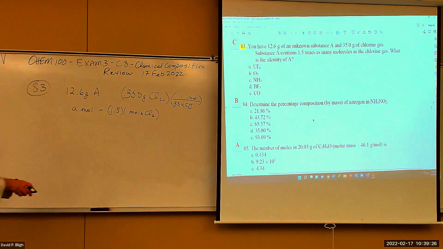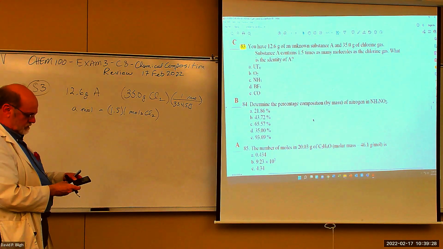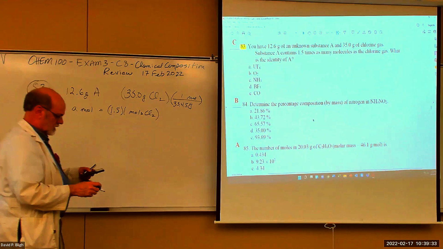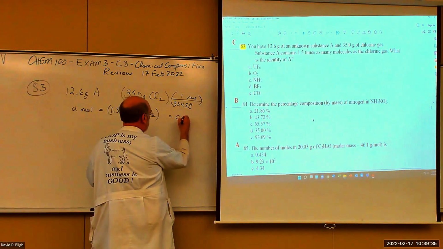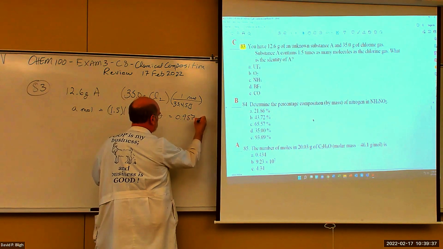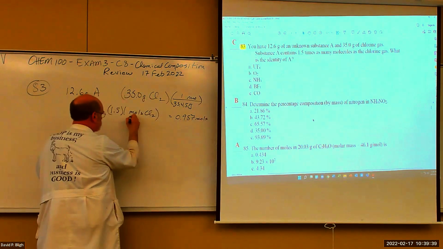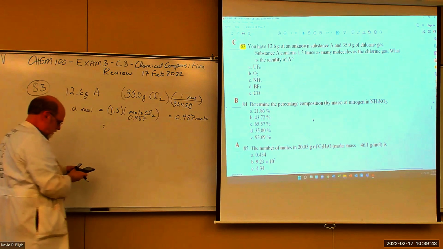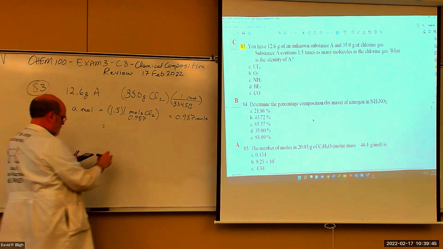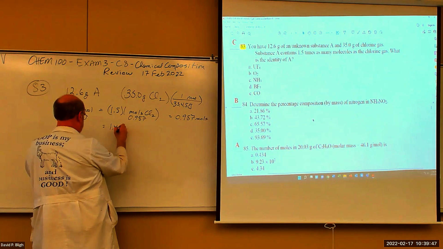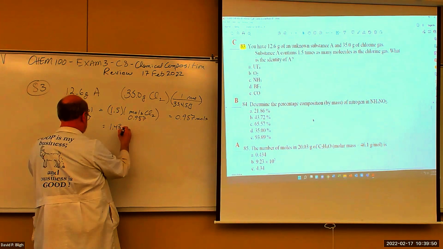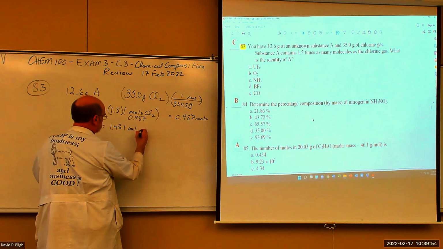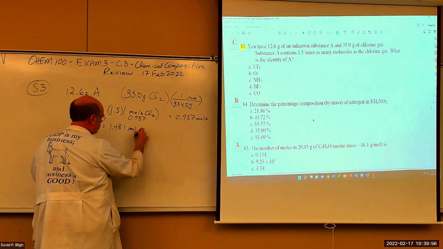Let's calculate exactly how much. 0.987 moles. That times 1.5 is 1.481. That's moles of A.